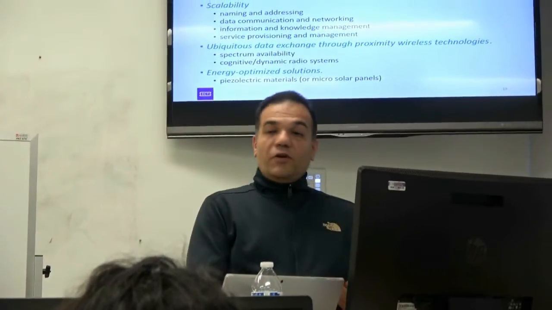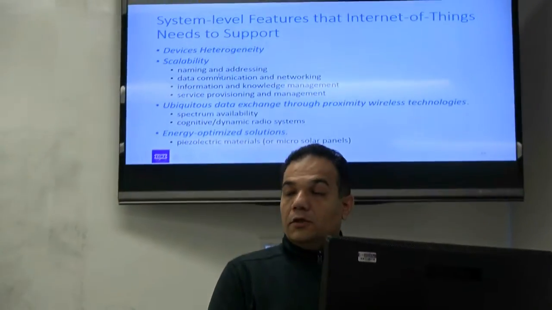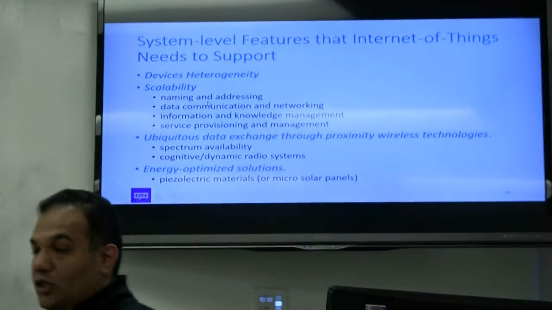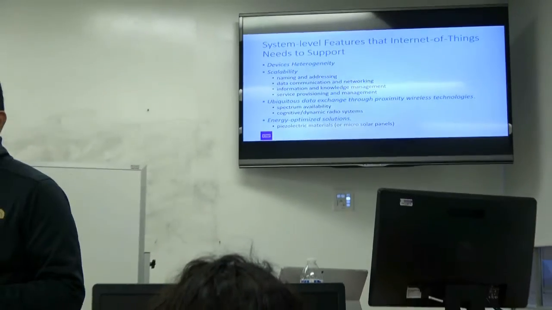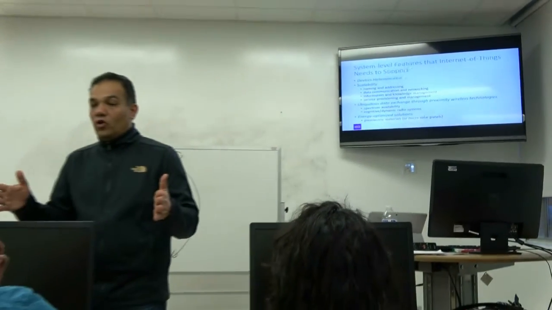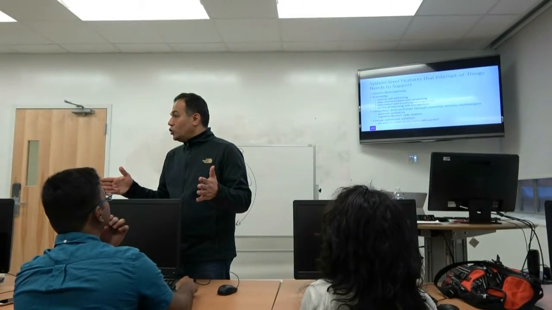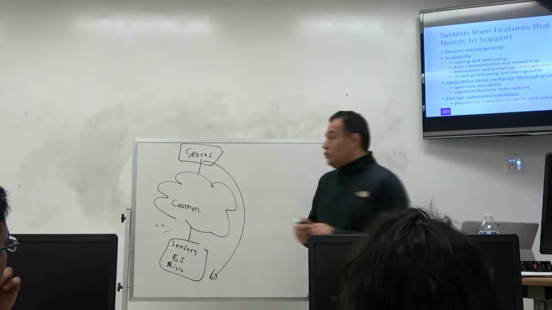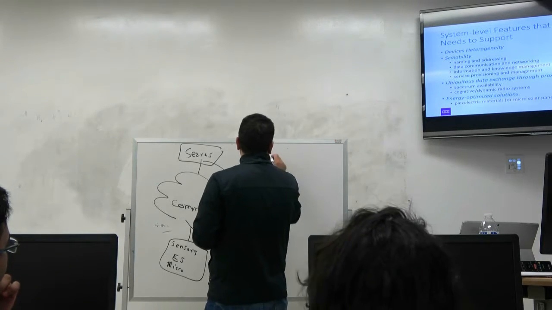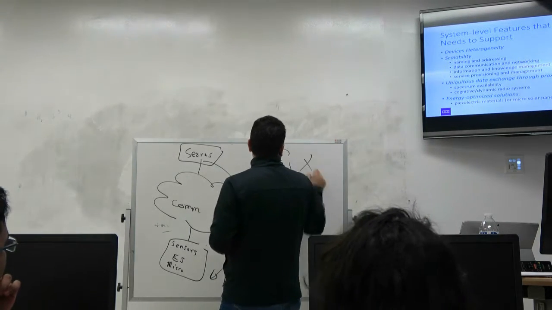So for example, naming and addressing. This is a good example. When they created IP version 4, what is the size of IPv4? 32 bits. Theoretically, the maximum number of IPs is 2 to the 32, and practically much less. It's almost gone.